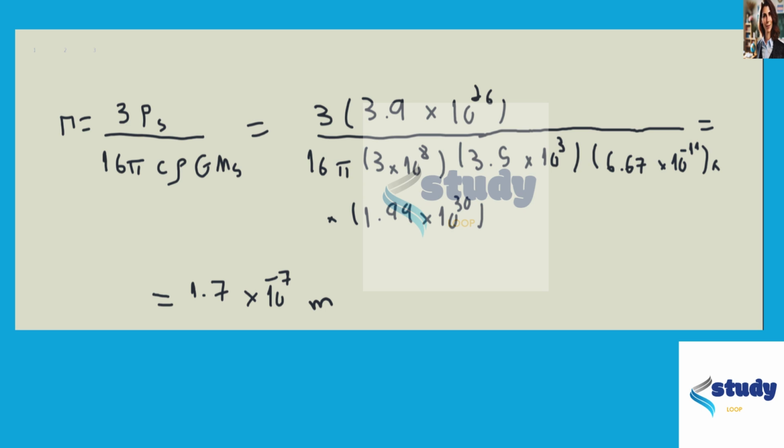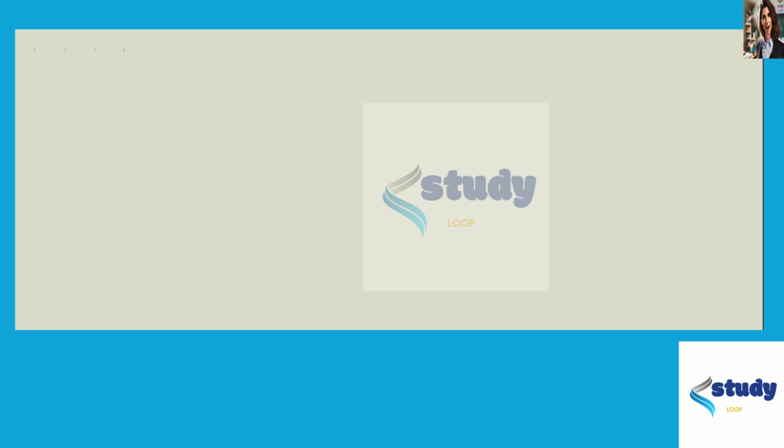Now, for part B, they want to know if the radius is larger, does the path curve away from the sun or towards the sun?